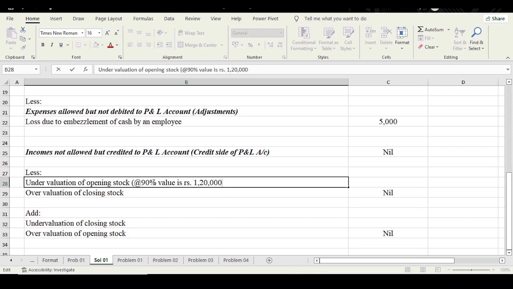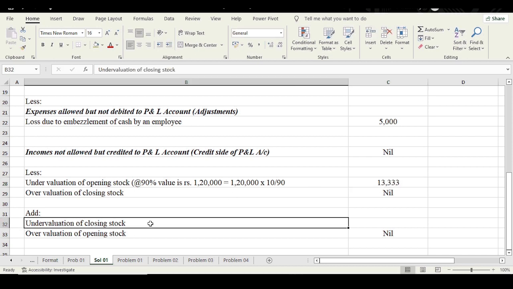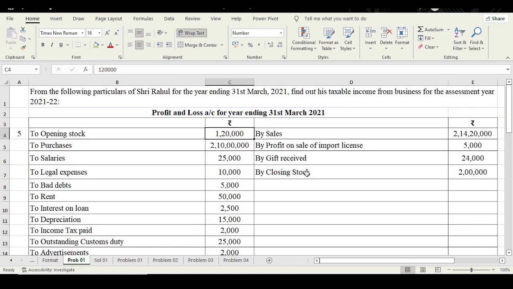You need to check for 10% what will be the valuation. So 1,20,000 into 10 divided by 90. How much does that come to? 13,333.